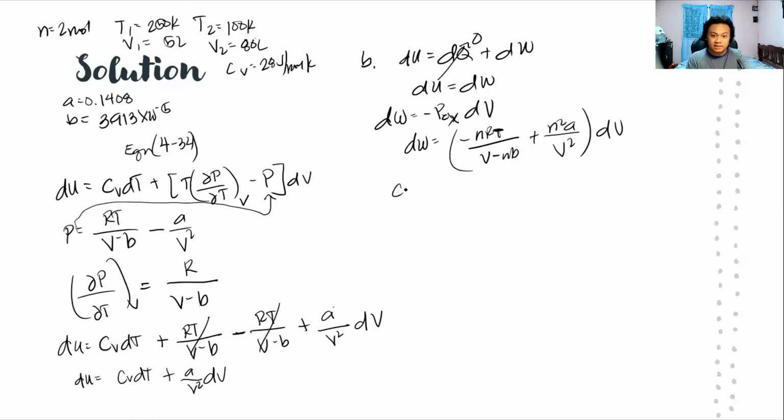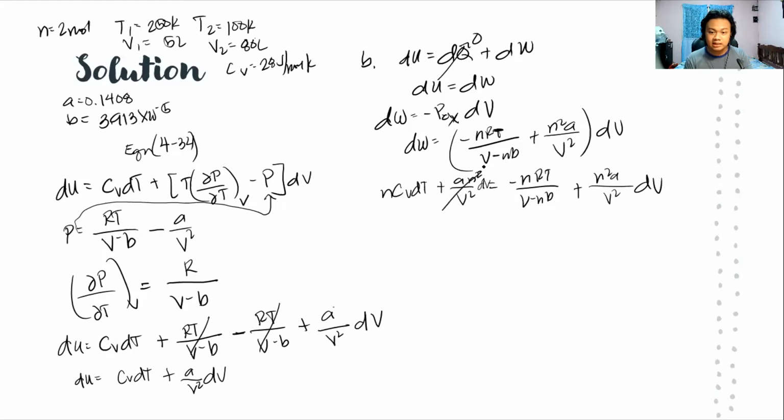So we have n Cv dT plus a, let's put n squared there, over V squared dV, is equal to negative nRT over V minus nb plus n squared a over V squared, dV. Okay, so we have similar terms. You can cancel both sides.